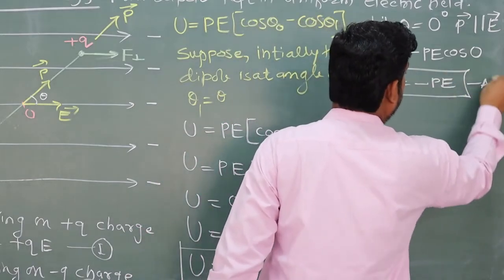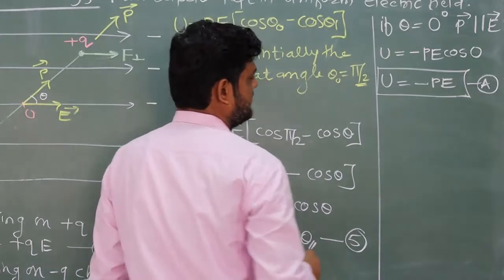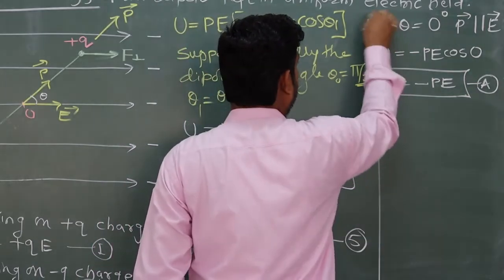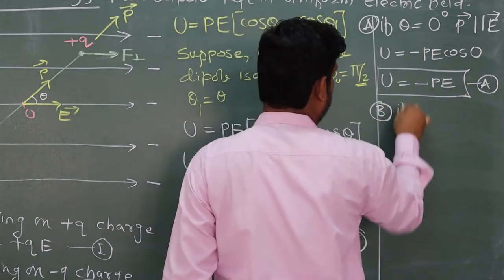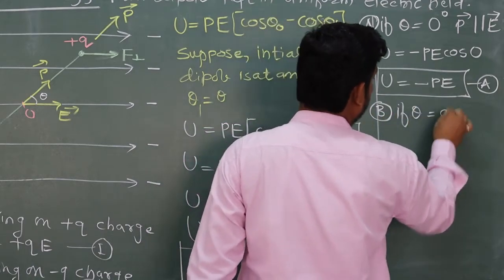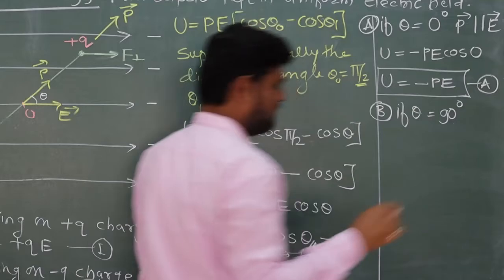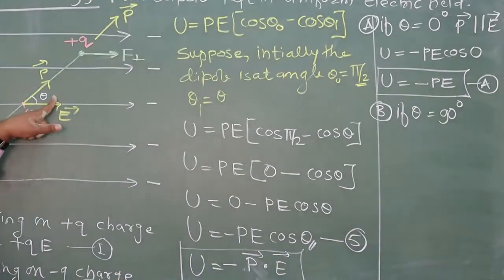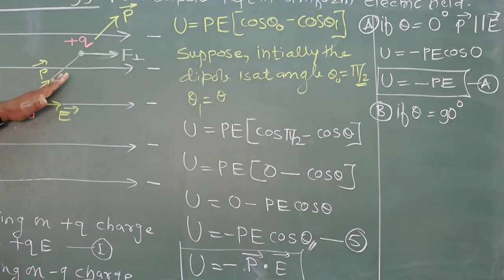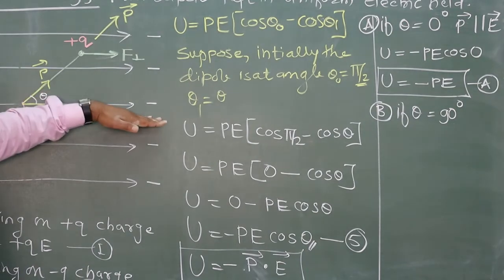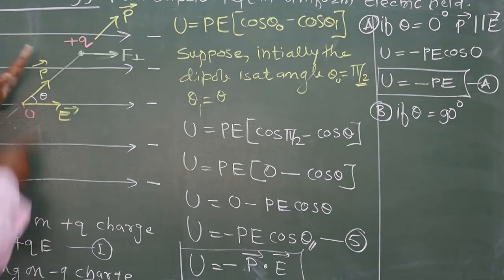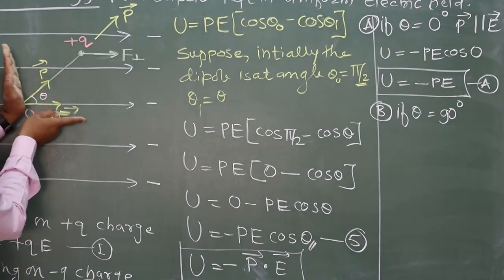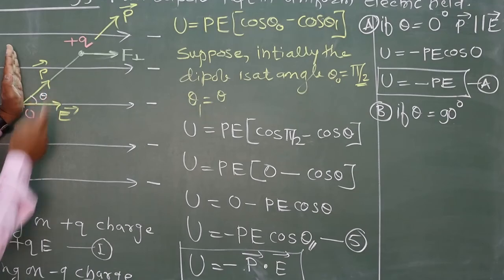Equation number A. Now case number 2. If theta equal to 90 degree, means P vector becomes perpendicular to E vector. E vector is along the positive x-axis. Suppose this is the P vector, here is the E vector. Angle between them is 90 degree.